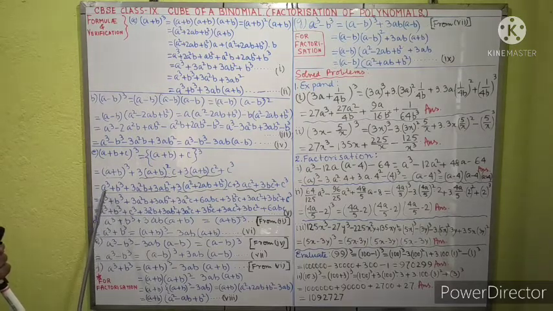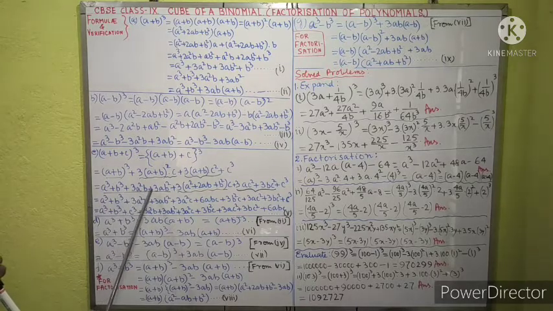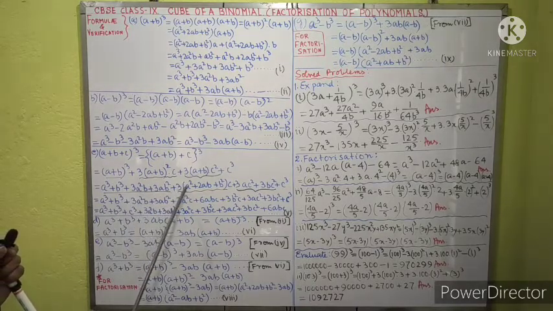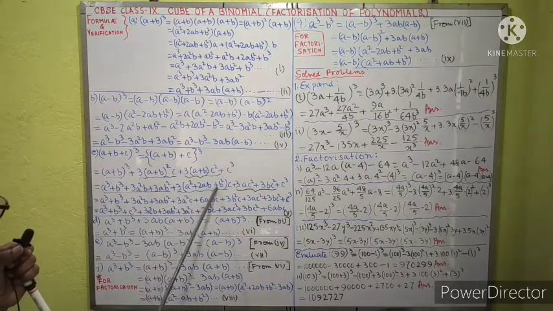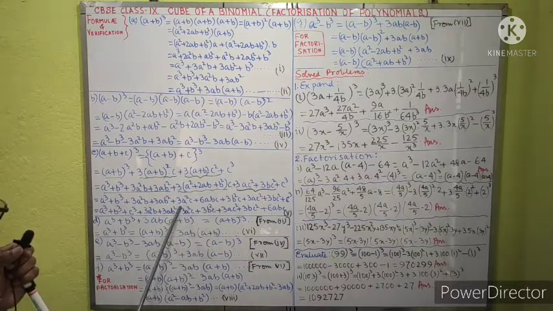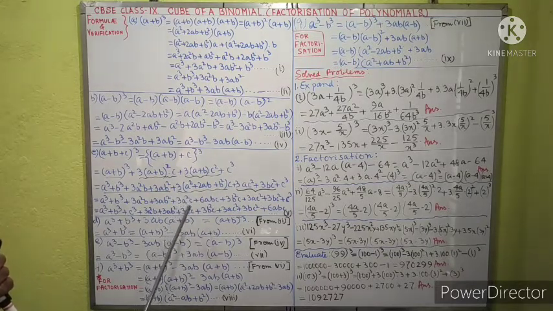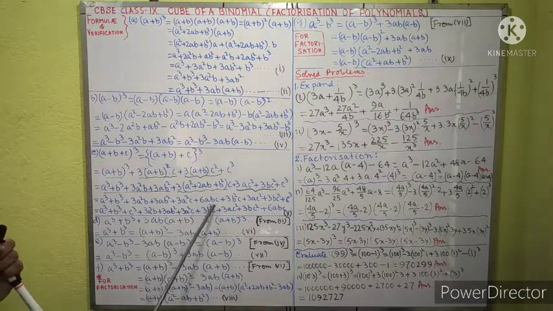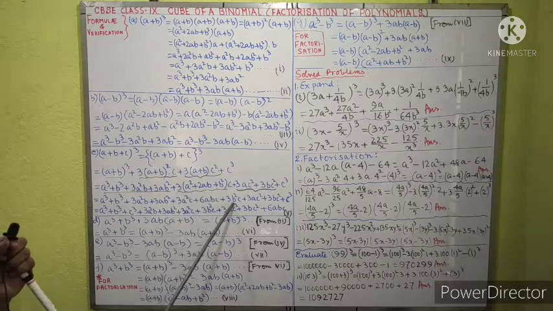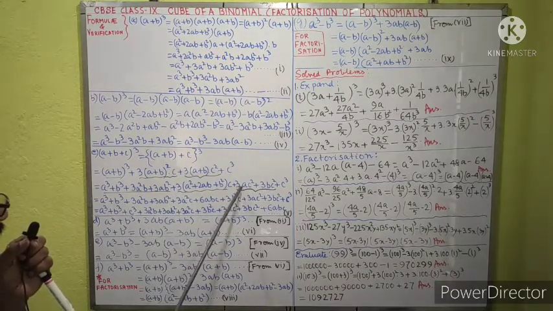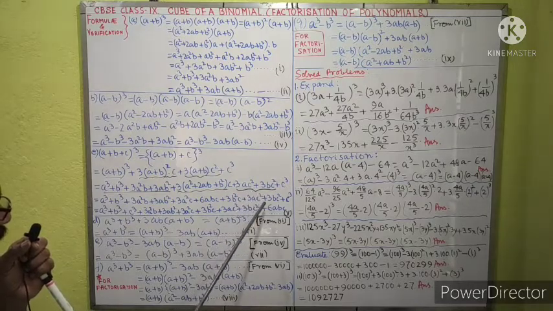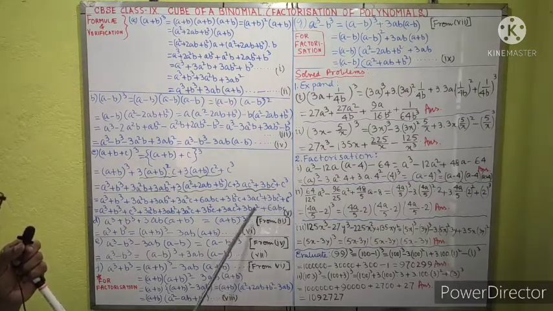Again, just see a cube plus b cube, 3a square b, 3ab square. Multiplying this a square plus 2ab plus b square with 3c, we are getting 3a square c plus 6abc and 3b square c, and this 3ac square plus 3bc square plus c cube.